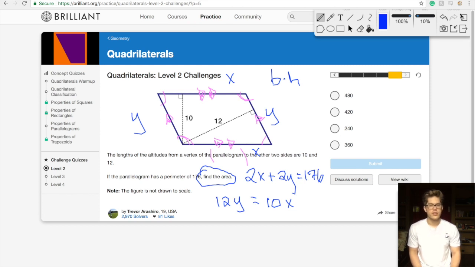So let's solve for x. We see that x equals 12y divided by 10. And so now let's plug it in to our first equation here. I'll change colors. Let me do some erasing.